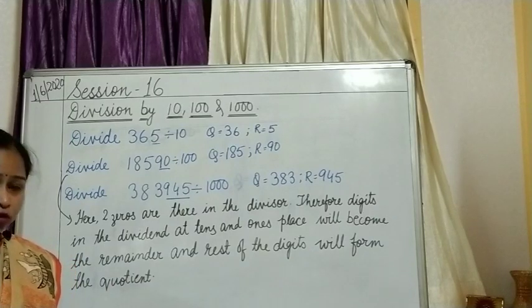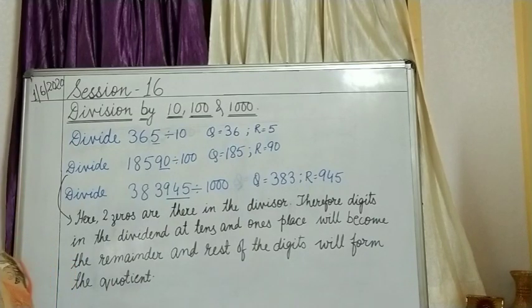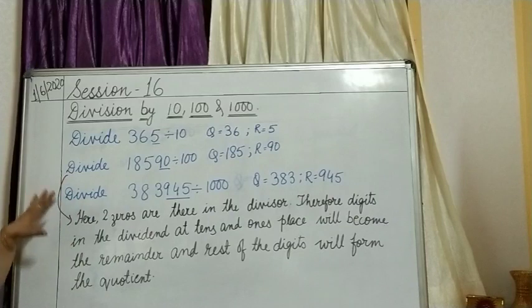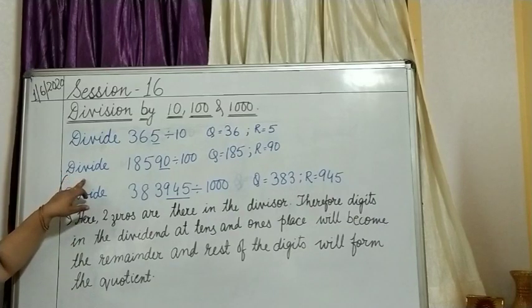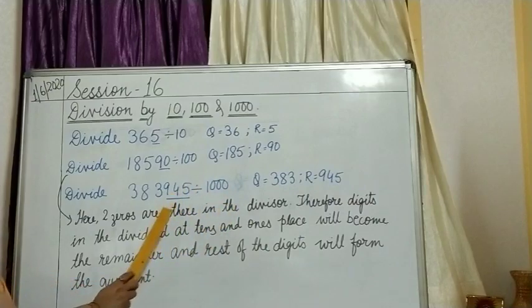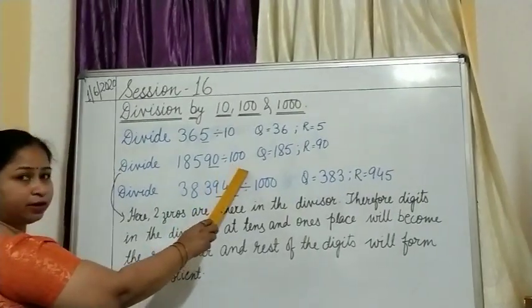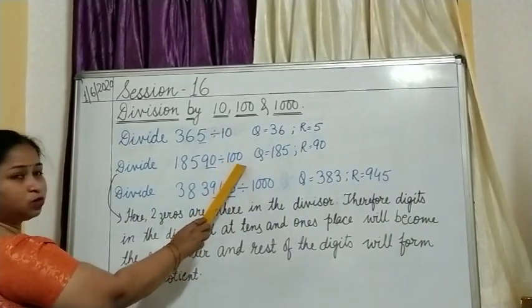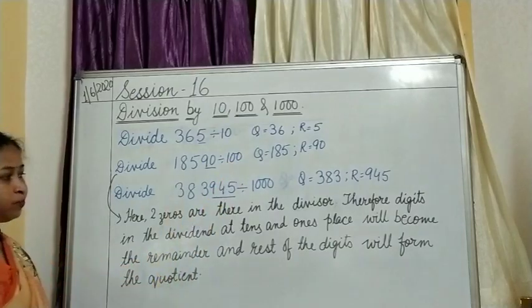Okay. Want to know what is the trick behind it? Okay. So for explanation, I have taken this second example. Here 2 zeros are there in the divisor. Okay. What is the divisor here? 100 is the divisor. How many zeros you have, children? 2 zeros over here.